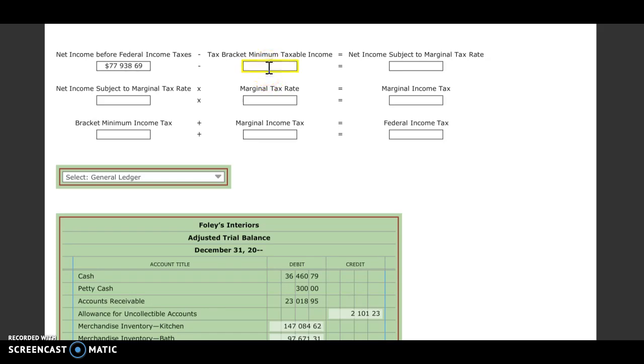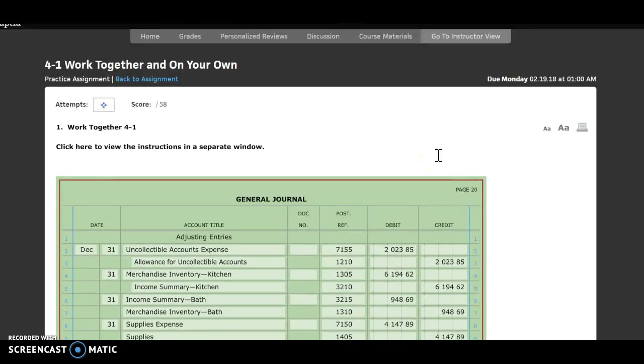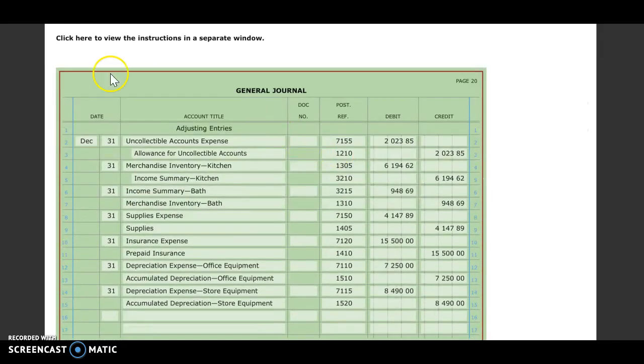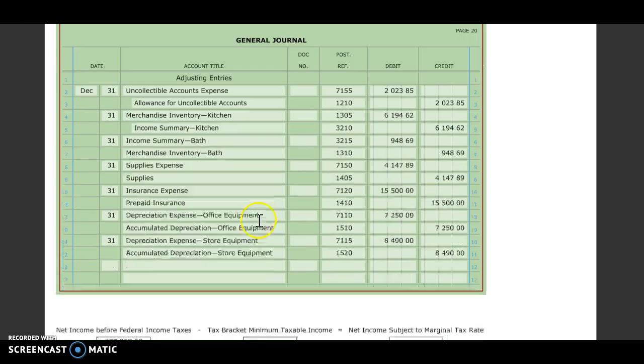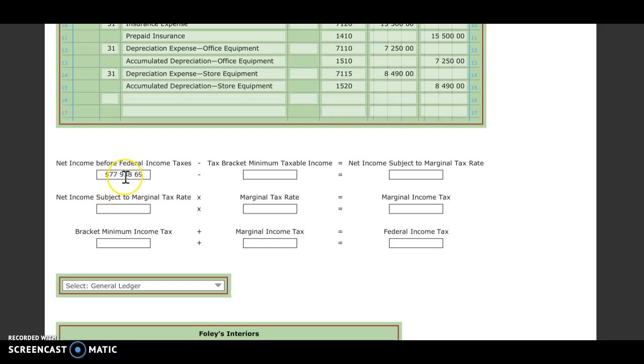Okay, so tax bracket, minimum taxable income. Okay, so in our instructions for step number 4, it does tell us that we're going to need to use that tax bracket in our book. So if you turn to page 104, you're going to find that tax bracket. So we need to figure out this amount here is going to fall between that $75,000 and $100,000 income range.